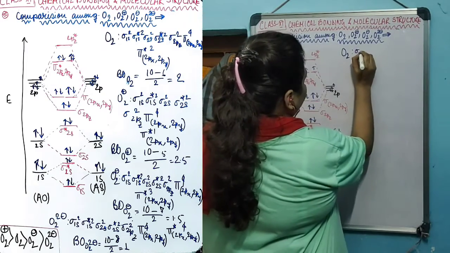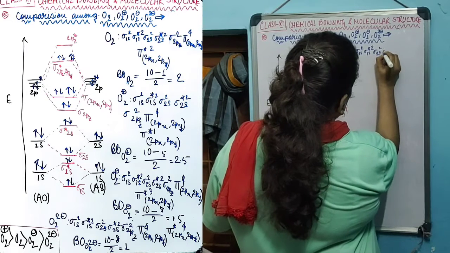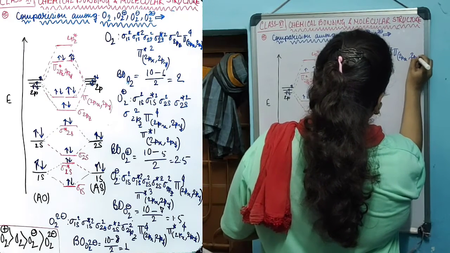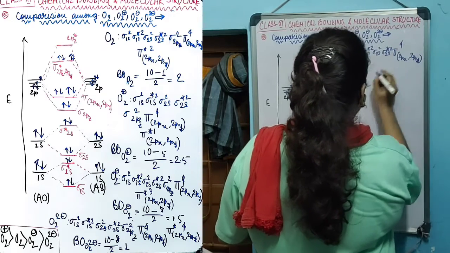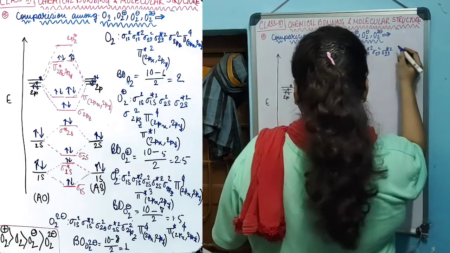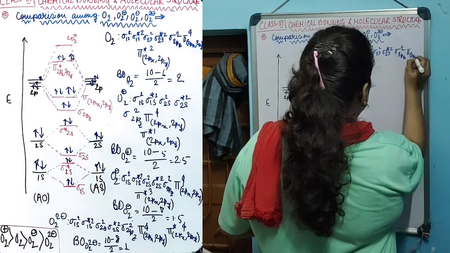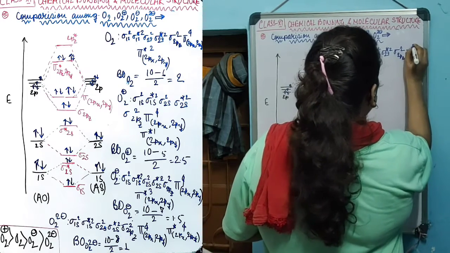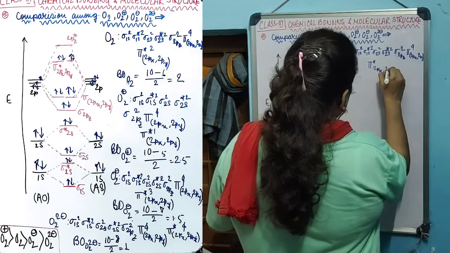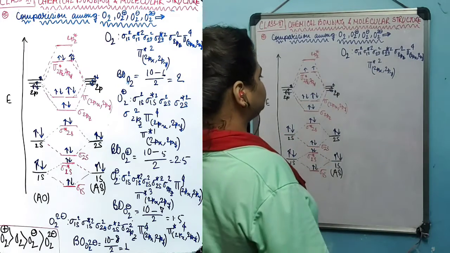And the electronic configuration will be sigma 1s 2, sigma star 1s 2, sigma 2s 2, sigma star 2s 2, sigma 2pz 2, pi 2px 2py 4, pi star 2px 2py 2. This is how the electronic configuration for the O2 species will be.